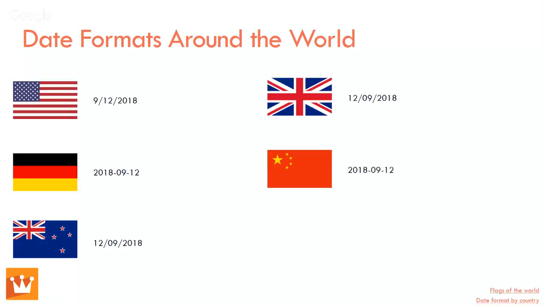That causes a little bit of confusion, especially for me. That date there for America, 9/12/2018, looks like the 9th of December. So when I'm looking at dates, I need to apply some context.